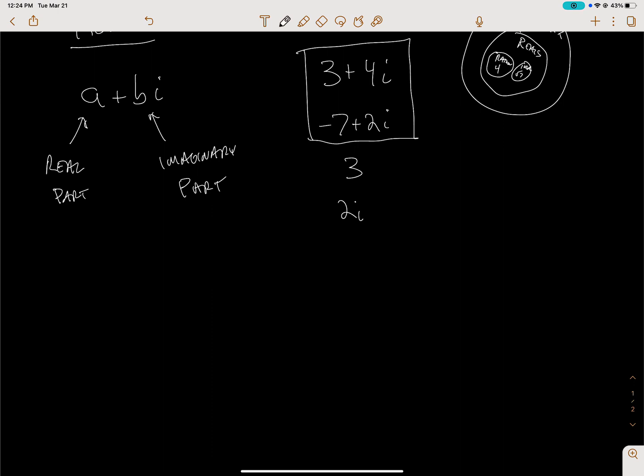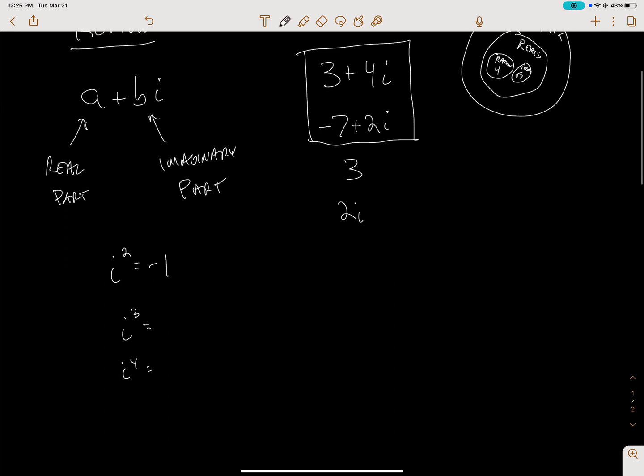In Algebra 2 Honors, we first just introduce you to the numbers and do operations. You learn that i squared equals -1. Then you start to deal with numbers like i cubed and i to the 4th, and you can figure out what those are. I'm not going to rehash all of that. Then you do operations. So you work on, like, what if I had 4 plus 3i and I wanted to add to it 2 minus 7i, right?